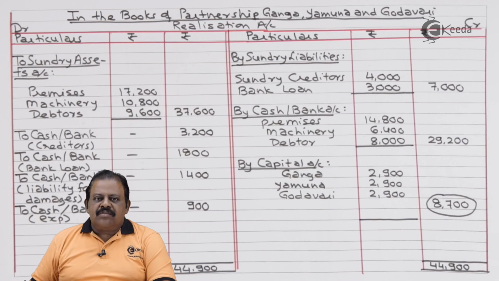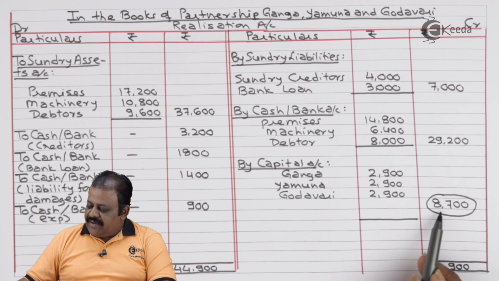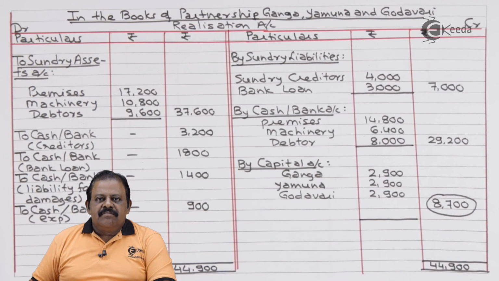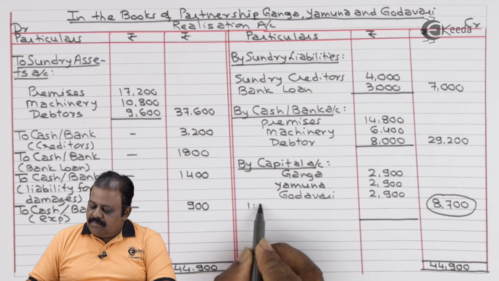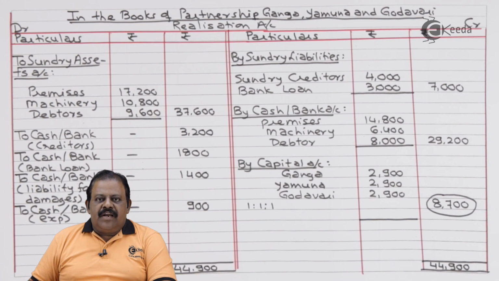Realization account is closed. It shows loss of 8,700. This is divided among all partners equally in the ratio of 1:1:1.